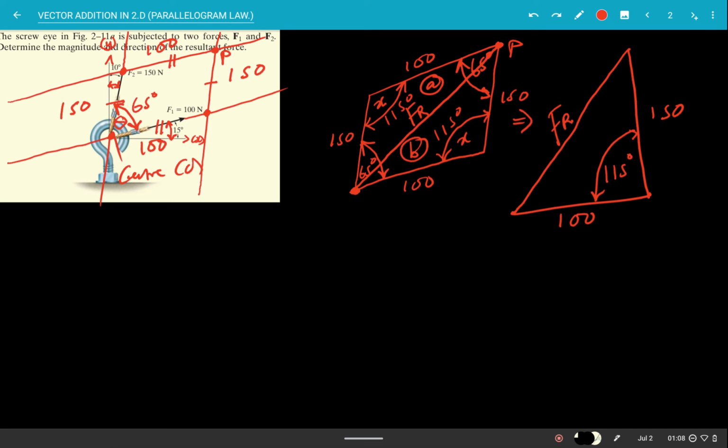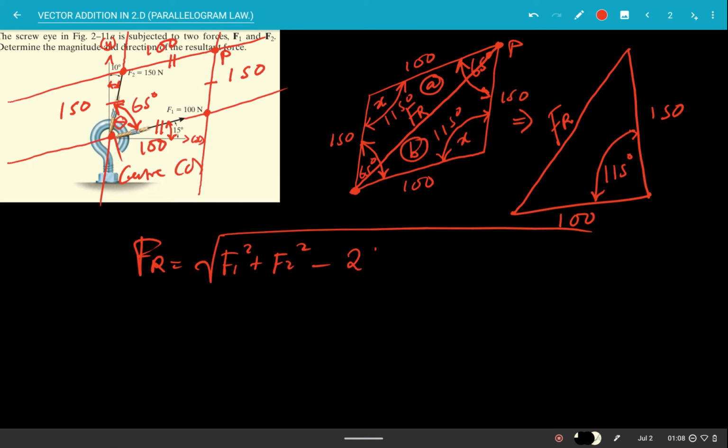So I'm going to summarize the formula. We know that force resultant is equal to the root of F1 squared plus F2 squared minus 2 times F1 times F2 times cos theta. I like to put the multiplication sign there because most people make mistakes when punching on their calculators.